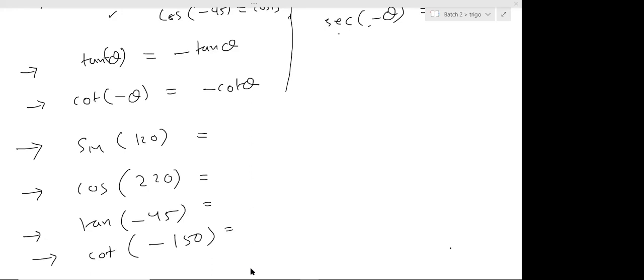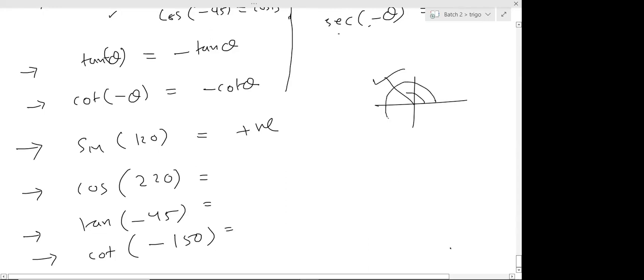All right, let's see. Sine 120 is in which quadrant? 120 degree will be in the second quadrant. In the second quadrant, sine is positive. Cos 220. Where will 220 lie? In the third quadrant. In the third quadrant, cos is negative. Tan minus 45.